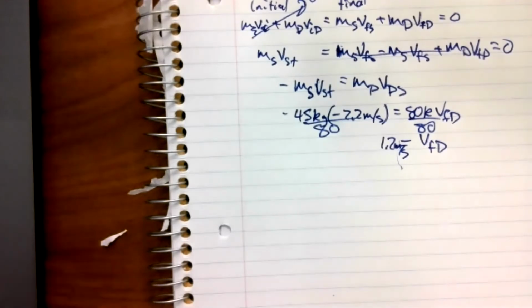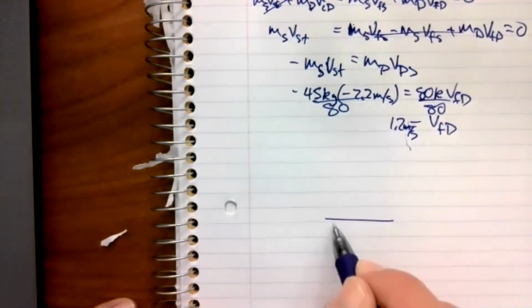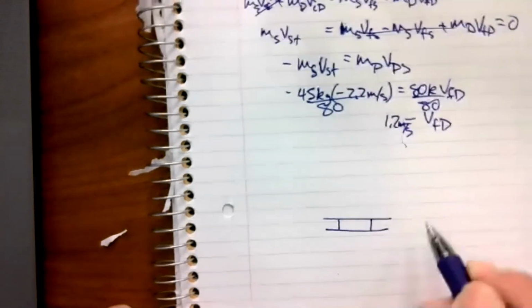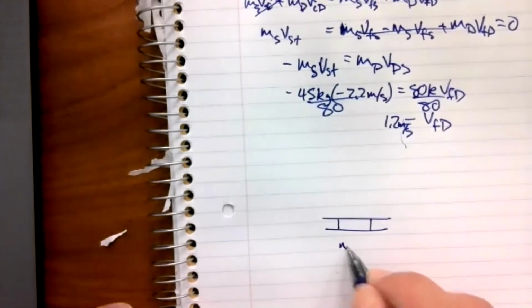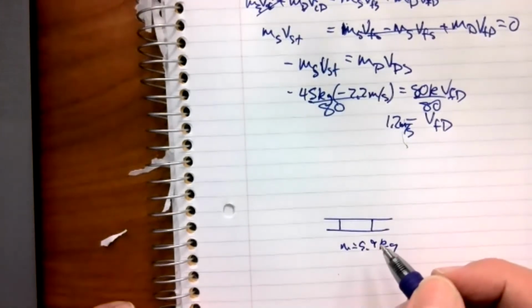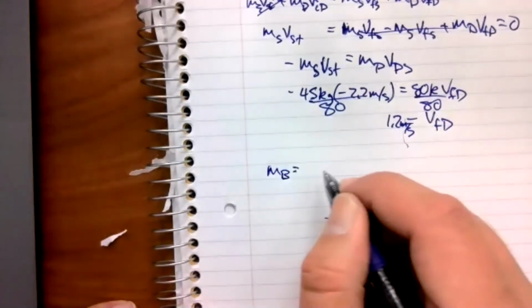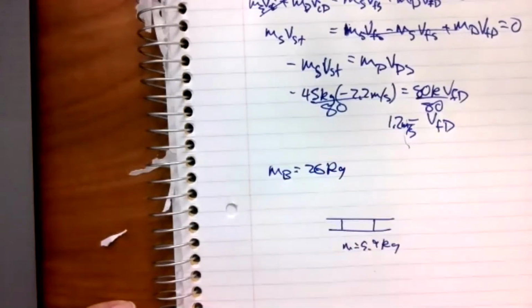Okay, so the sled's velocity. So here's my sled. My sled's mass is 5.9 kilograms, and the mass of the boy is 26 kilograms.